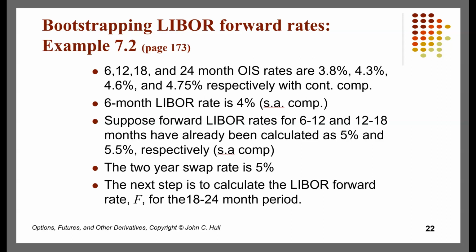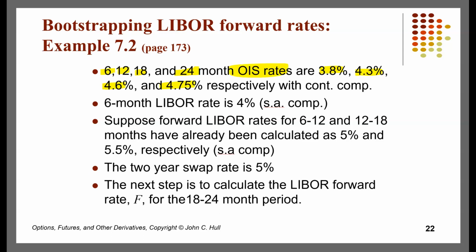All right, so let's get this started and play with this for a second. Now the example says that we have a zero curve that's given to us. Because I see the OIS rate here, I know that's my zero curve, and I have my maturities of 6, 12, 18, and 24, and I have the rates 3.8, 4.3, 4.6, and 4.75.